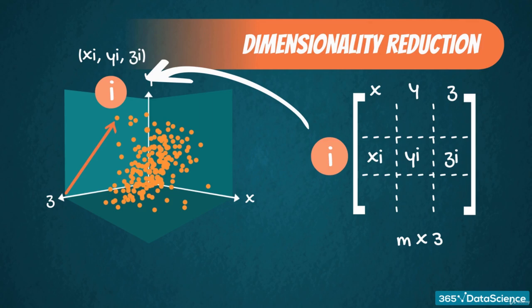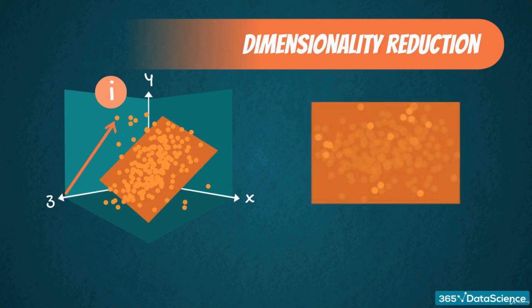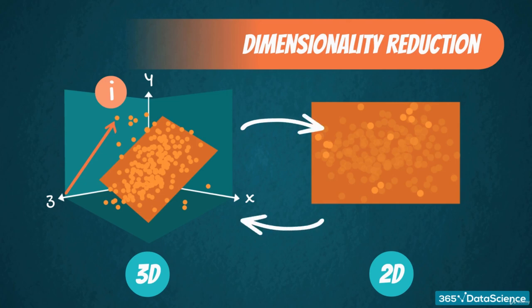Here's where it becomes interesting. In some cases, we can find a plane very close to the data, something like this. This plane is two-dimensional, so it is defined by two variables, say u and v. Not all points lie on this plane, but we can approximately say that they do.